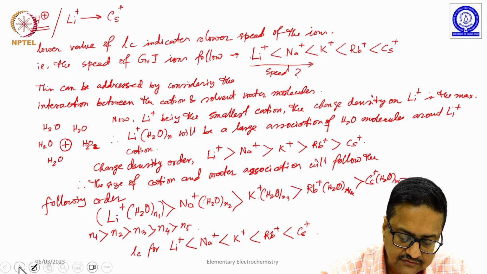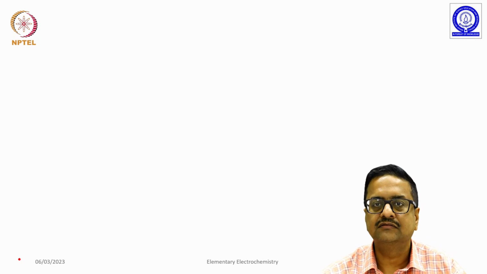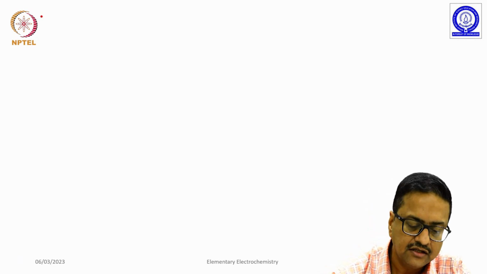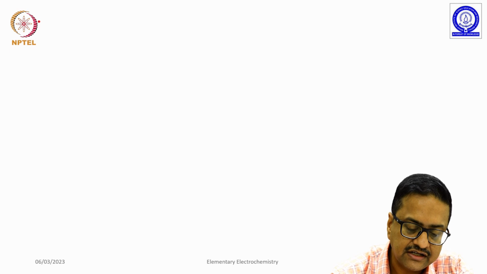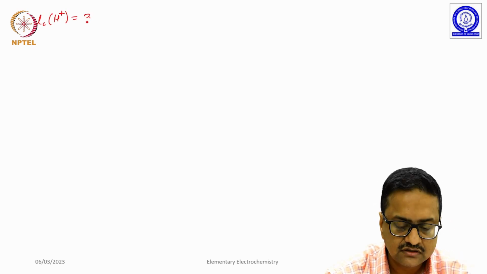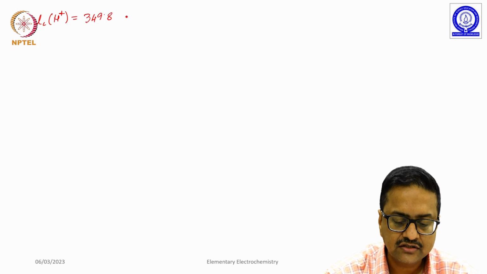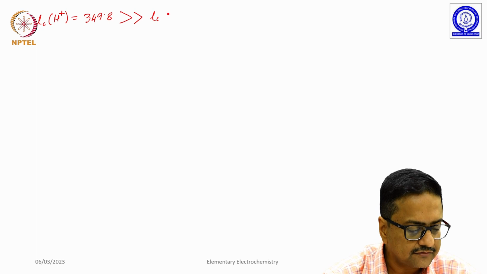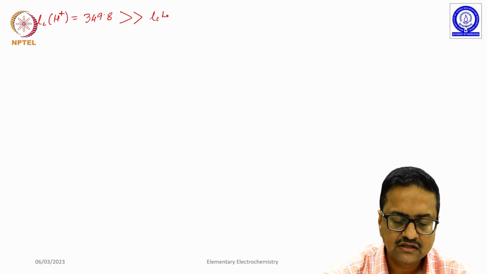But in case of H+, the situation is totally different. As you have seen, I have written that Lc for H+ is 349.8, which is much greater than Lc of Li+, right.